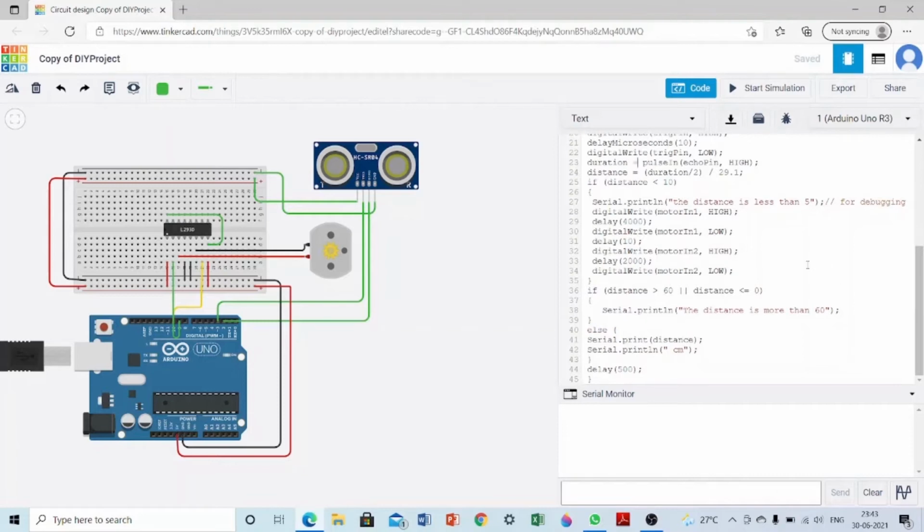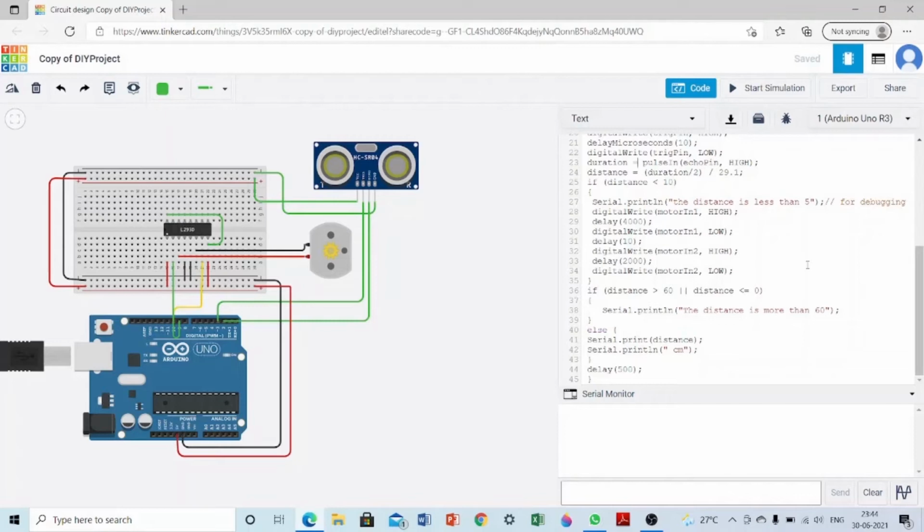Once we keep our palm in a certain range, the motor input 1 pin becomes high, and the motor starts rotating for a certain time duration. Here it is 4 seconds, and there is a stop for 10 microseconds, and again the motor reverts back to its old position.